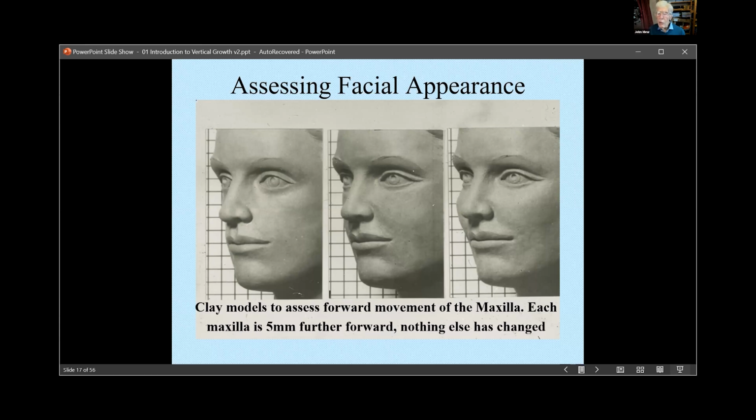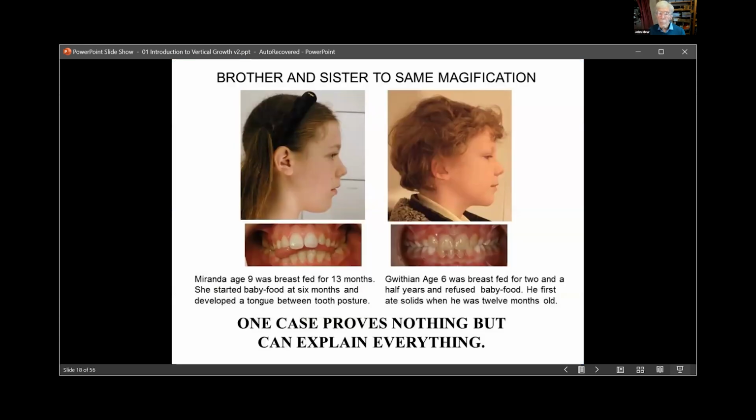Each of those 3 faces are different in only one respect, the position of the maxilla, but you can immediately see how it affects the appearance of the overall face. And quite clearly, a full maxilla is much more attractive, and that requires the tongue to be in the palate.